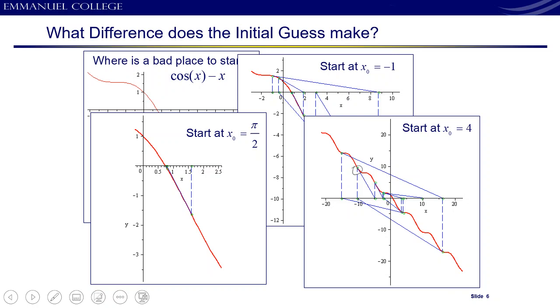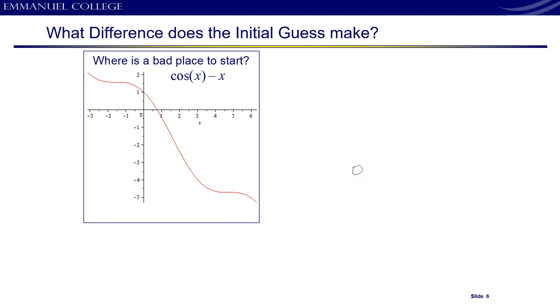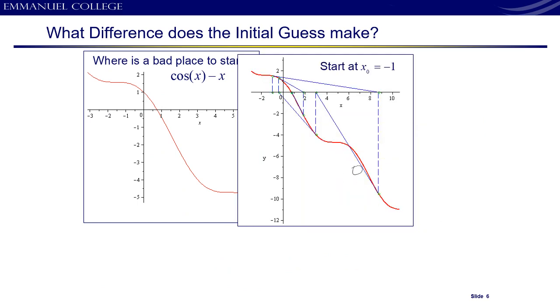You start at pi over 2, though. Pi over 2, almost instantaneously there. So why is that the case? You want to avoid your small slopes, because if you notice, the more negative the slope is, the steeper it's going to send that tangent line.